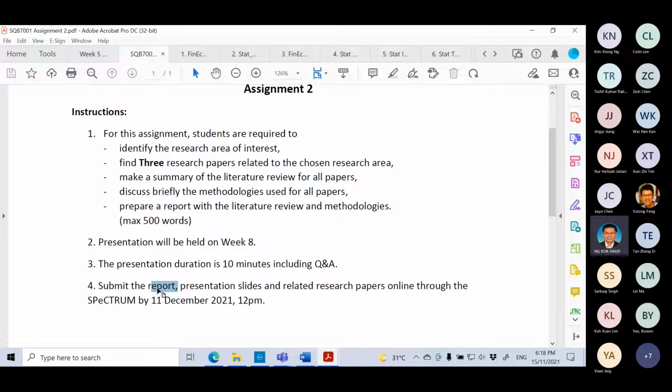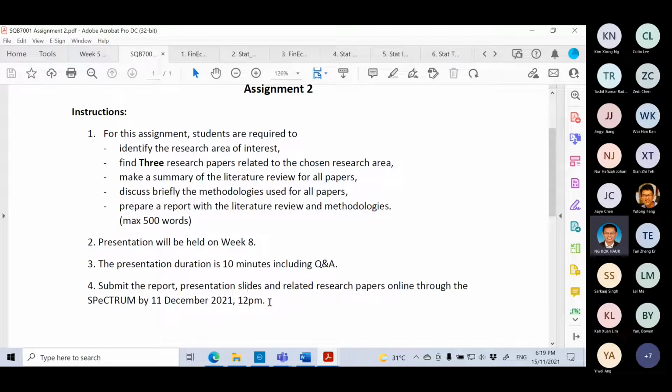But your report and the related research paper you need to upload before, so that I am aware what type of research area you are going to discuss, because I'm not familiar with all the research areas. Even if you don't upload by that time, I still allow you to upload. I do not fix it at this time. If you are still unable to upload on time, just let me know.